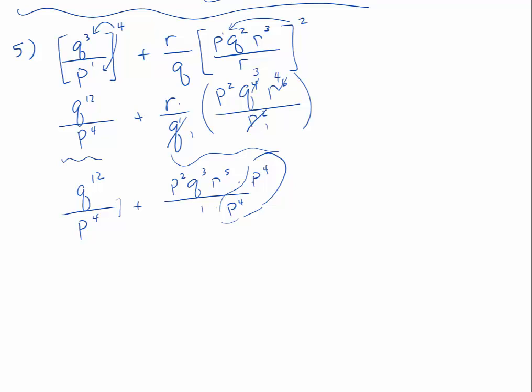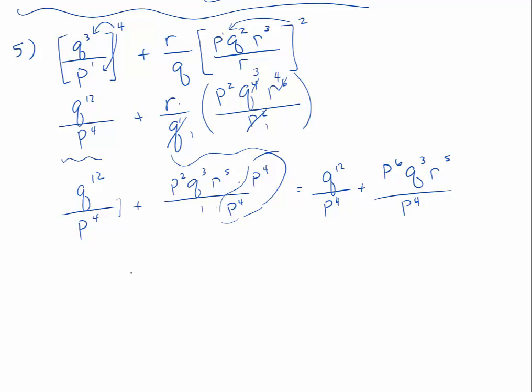So I'm not really changing anything by multiplying top and bottom by p to the 4th. So this becomes, again, the left-hand term doesn't change at all, and so that's q to the 12th over p to the 4th plus, and then I'm multiplying this p to the 4th through, and since I have p squared already, that becomes p to the 6th, q cubed, r to the 5th, all over p to the 4th.